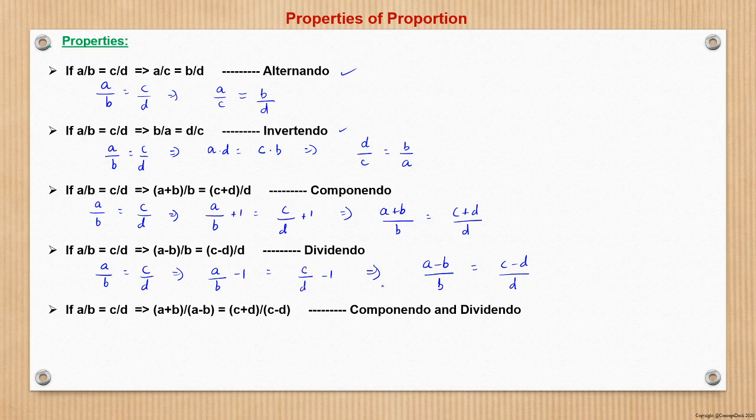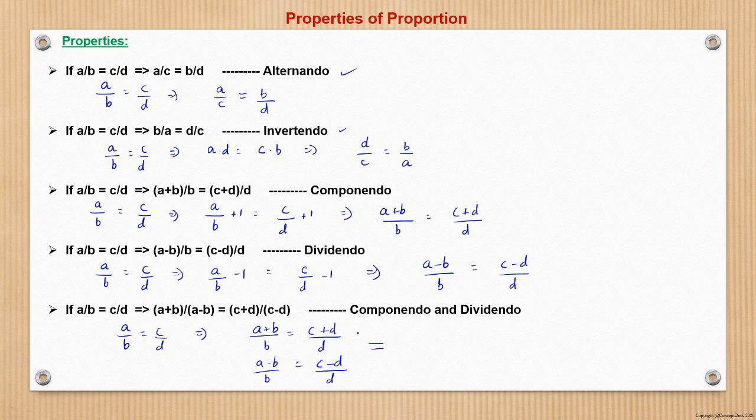Right. So if A by B is equal to C by D, then we can also write (A minus B) by B is equal to (C minus D) by D. And then the last one: if A by B is equal to C by D, we know that we can write this as (A plus B) by B is equal to (C plus D) by D by componendo, and (A minus B) by B is equal to (C minus D) by D by dividendo.